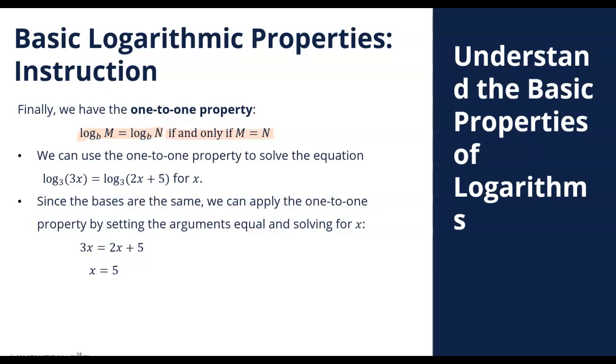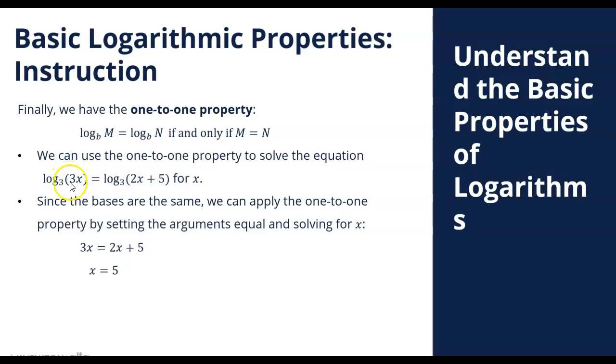So whenever you see log of m base b equal to log of n base b, you would immediately say that m is just equal to n. And similarly, if you have two expressions that are equal, you can take the logarithm of both sides without changing the equality symbol. With this property, we can solve this given expression here.